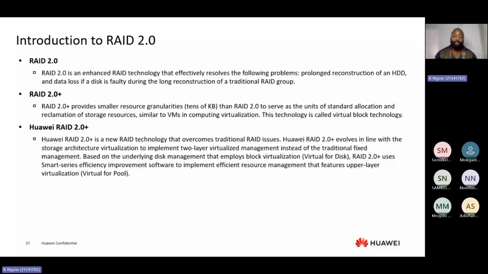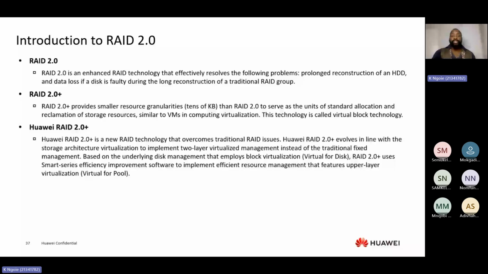So that is how RAID 2.0 works. It splits the data into smaller pieces, which we call blocks, distributes those blocks more evenly across many disks, and then rebuilds the lost small blocks instead of the entire disk. Then we have RAID 2.0 plus, which is an enhanced, more advanced version.